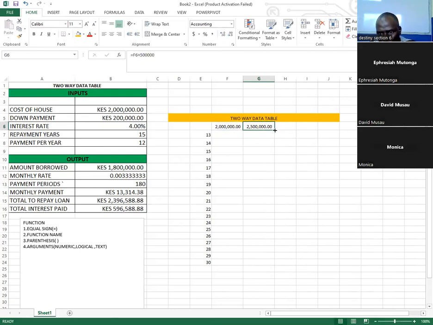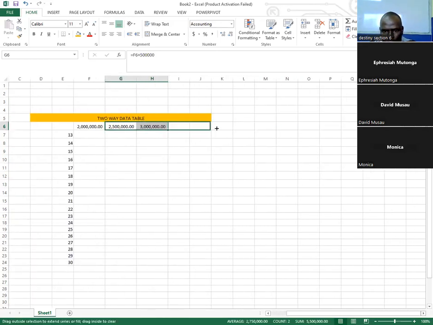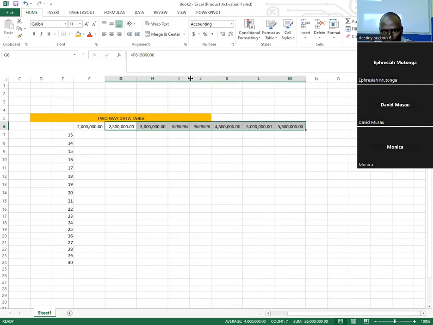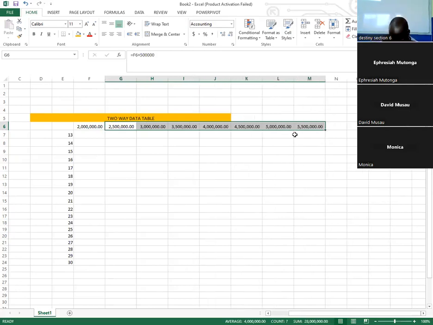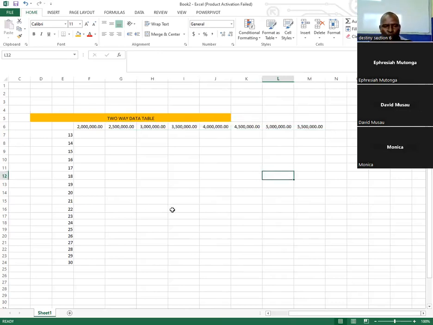And then from there now, I will drag it, that will be 3 million. So that is it. So that is now the 2 variable data table.